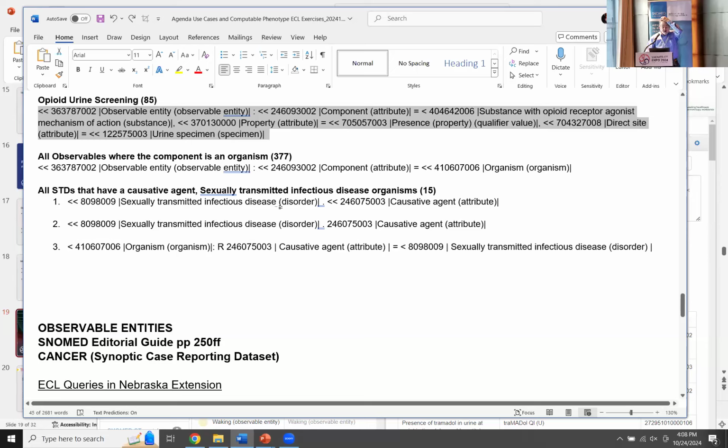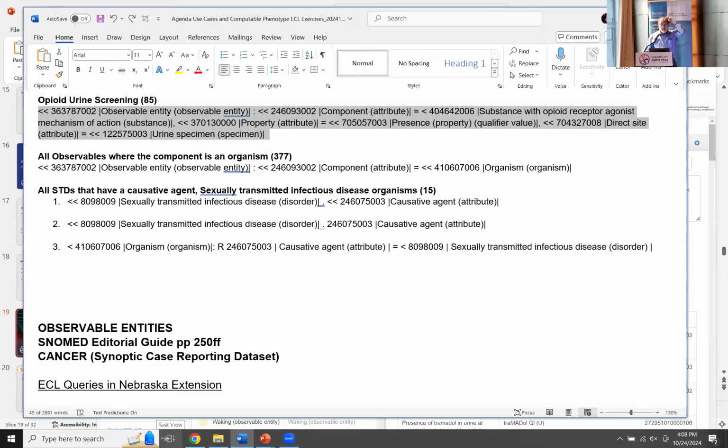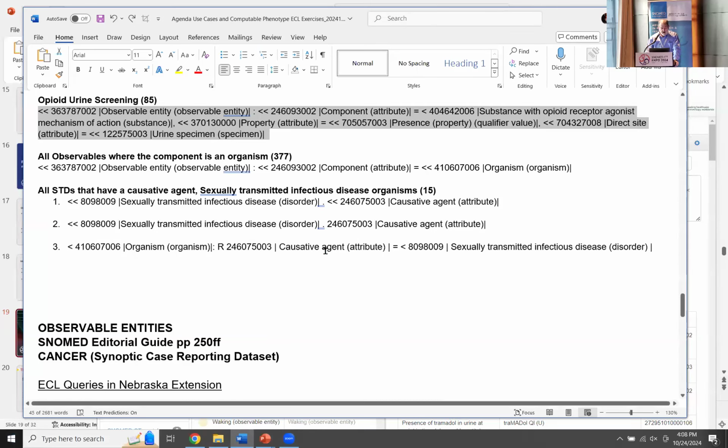But then what I wanted to do was figure out how to do a query where I could find all of the lab tests that pertain to sexually transmitted diseases. And so here I have three ways that you can get all of the organisms of the sexually transmitted diseases.